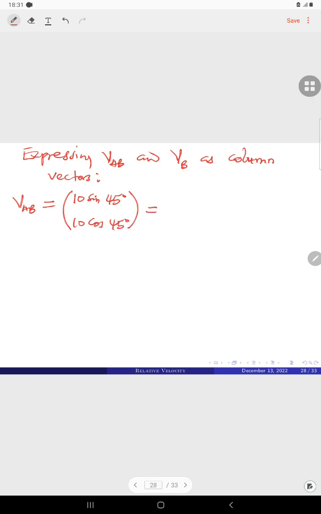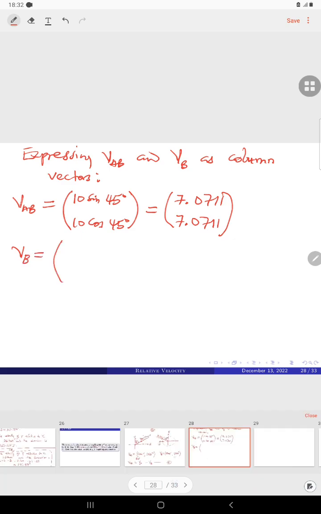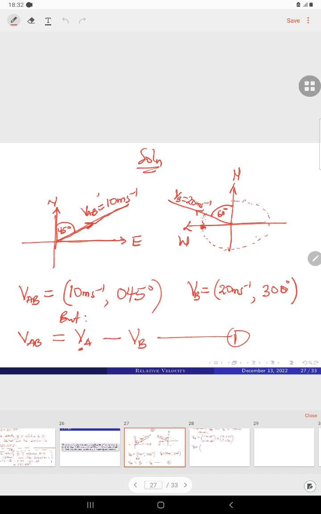And what do we get from the calculator? 10 sine 45 gives us 7.0711. For the fourth decimal place, we get the same answer for this. Then VB, go back to the question. 20, the angle from the north is 300.